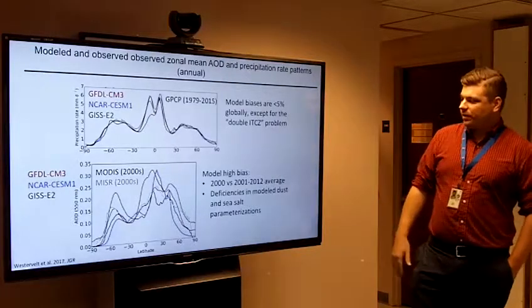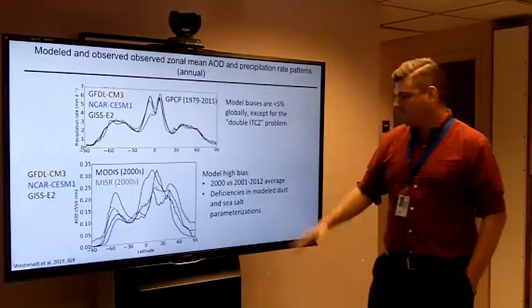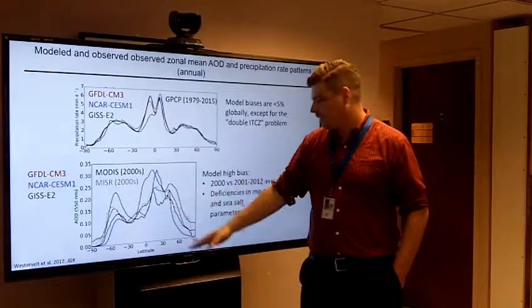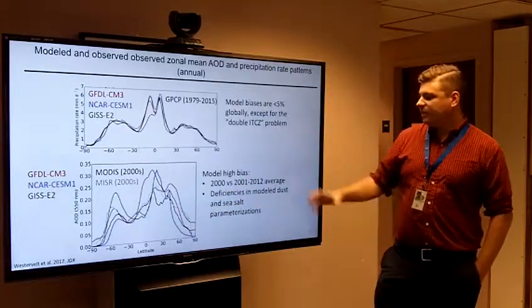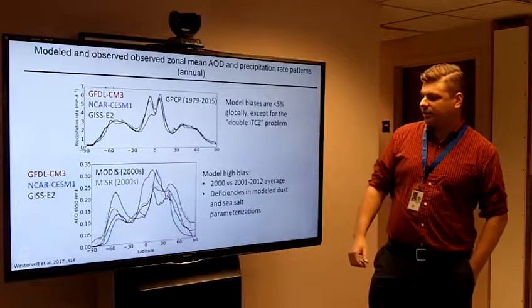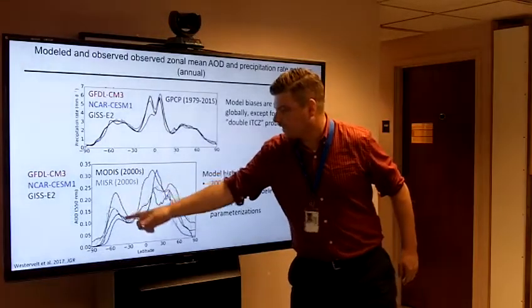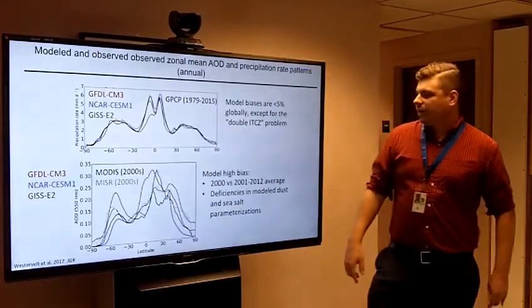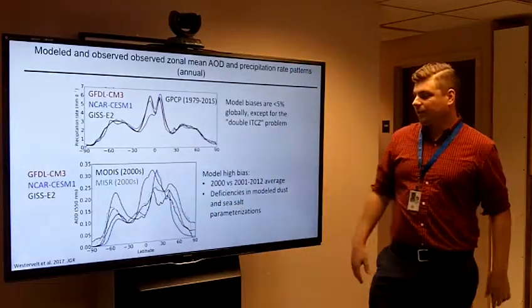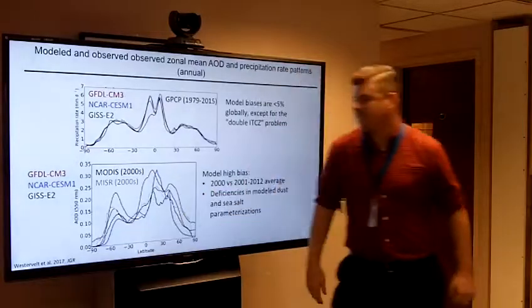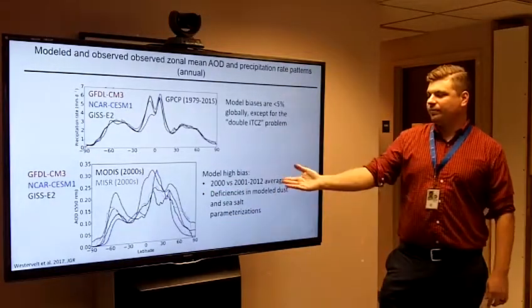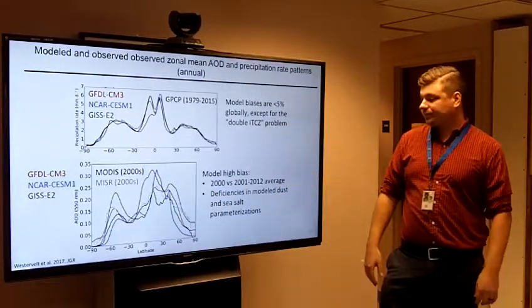The models do okay in certain regions, so north of maybe 30 latitude, but we see large model biases, especially in sea salt emission regions. So right here, the GISS model has a lot more probably sea salt aerosol going on at minus 60 south than the observations are showing.